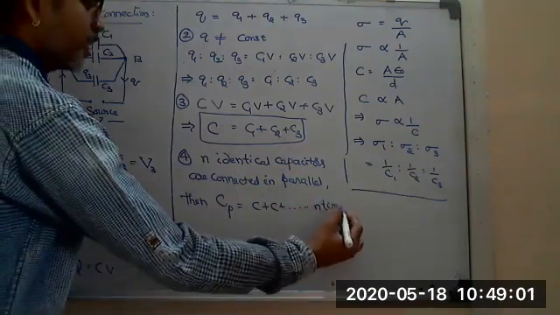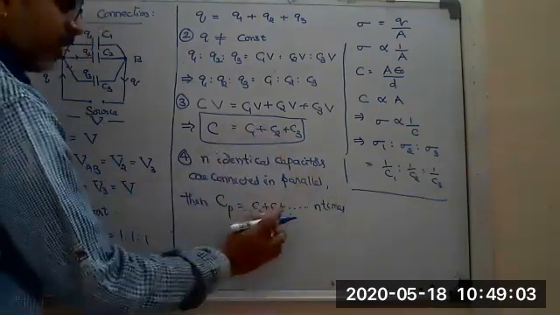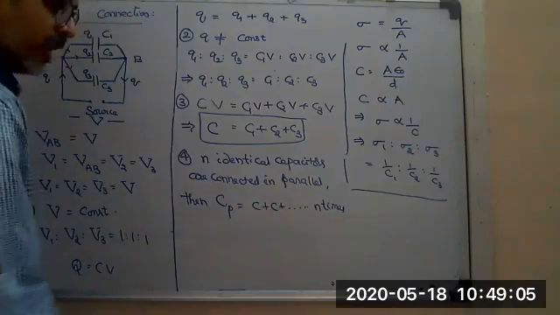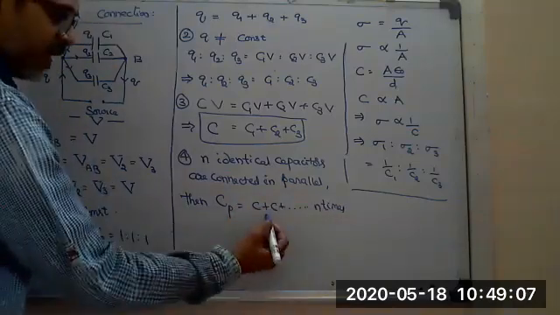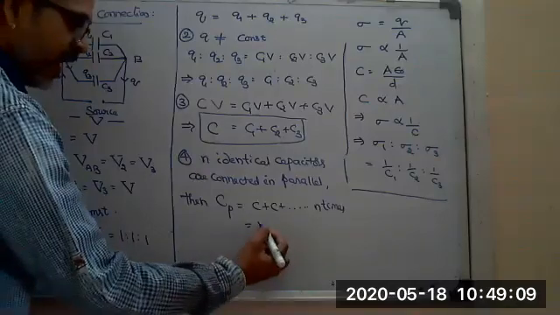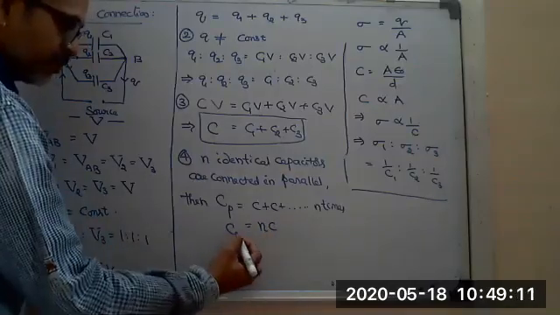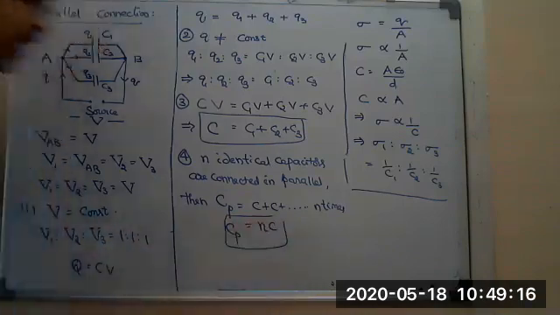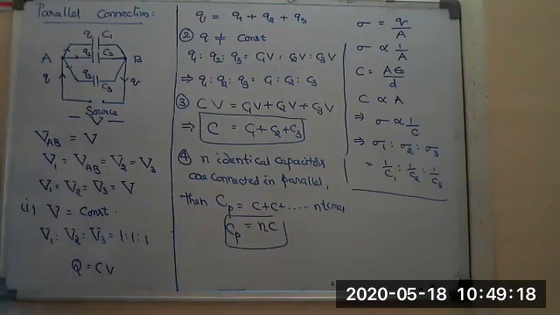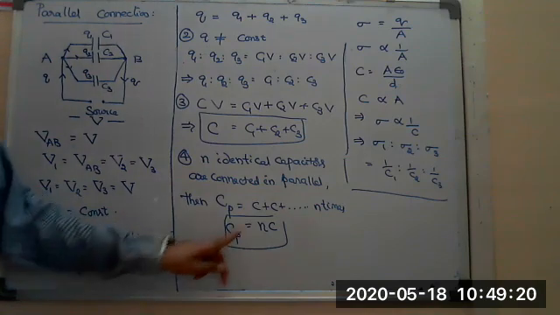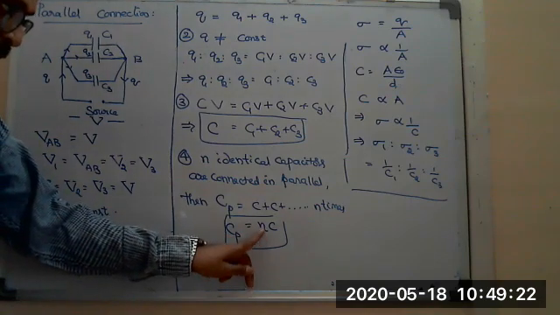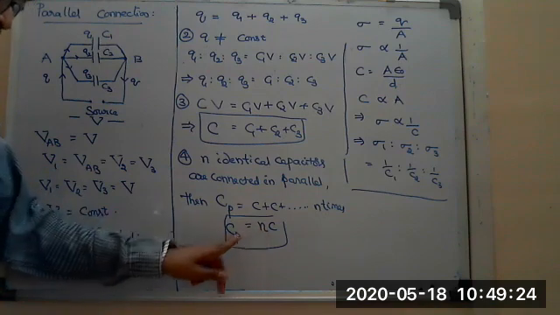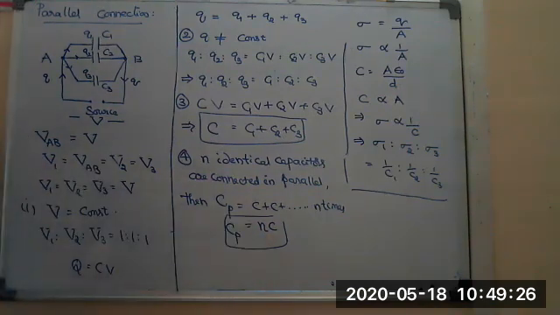C1 plus C2 plus C3 plus so on. Here, since I wrote C n times, I can write it as nC. So Cp equals n into C. From there you can understand that the effective capacity is multiplied n times, which means the effective capacity is increased.